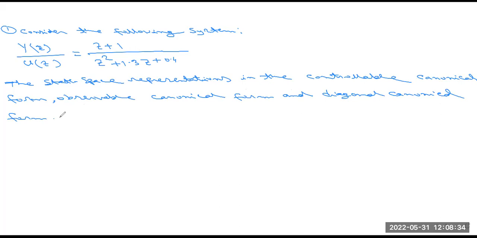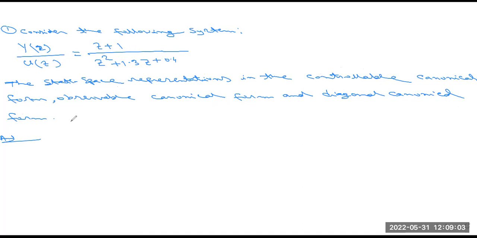You will be given a question like this, with the transfer function Y(z)/U(z), and this is the required equation. You have to find the state space representation using the different canonical forms: first the controllable canonical form, number 2 the observable canonical form, and number 3 the diagonal canonical form. So this is a very easy question.